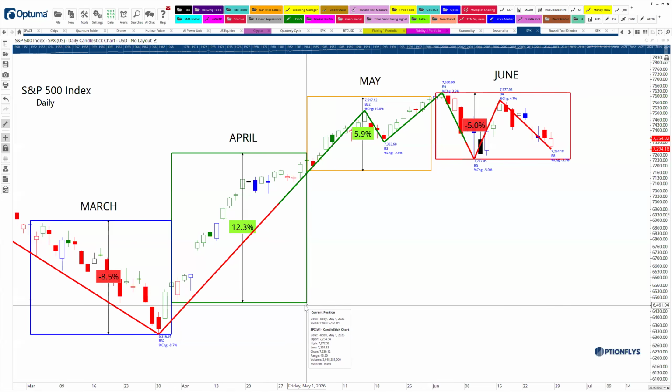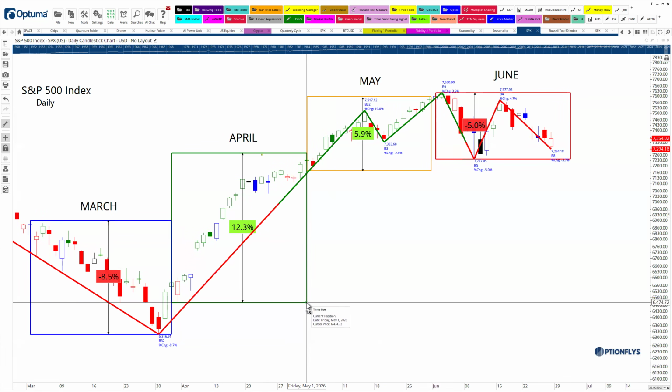These boxes right there are the GANN boxes that measure price, time, volatility. So this is the whole month that we are in. We have the quarter about to come to an end as well, so we're going to be exactly halfway through the year, and we got another half to go.